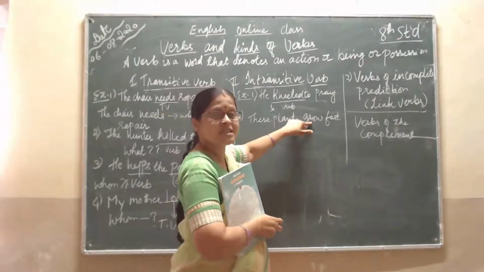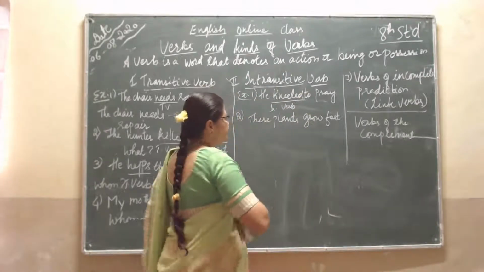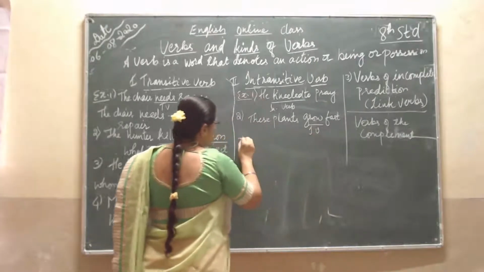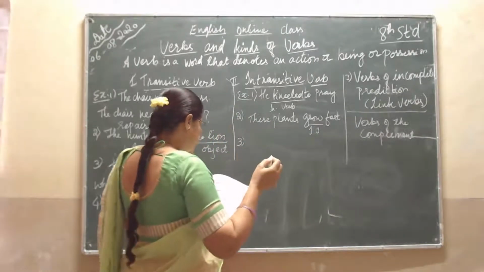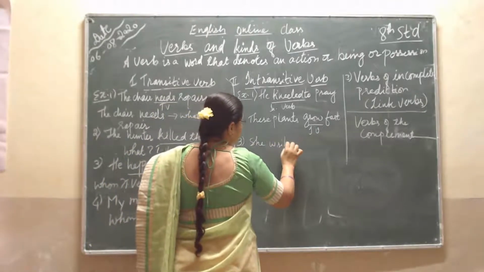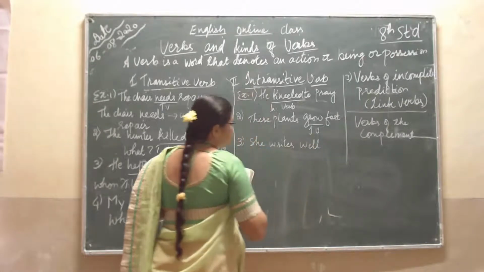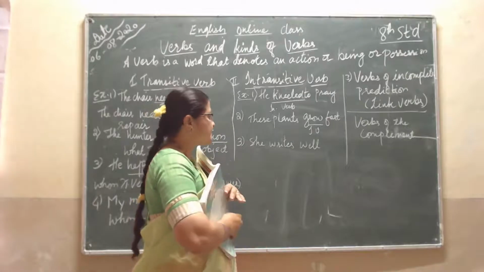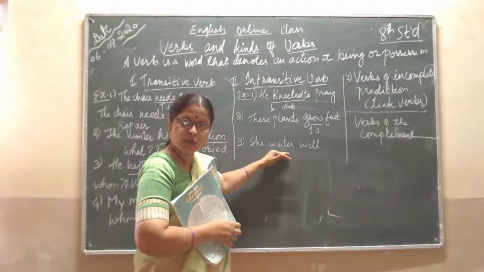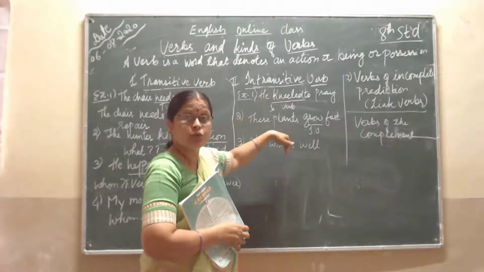So grow itself is a verb which is an intransitive verb. The next example is: she writes well. Again, you can see here we can't frame a question and there is no object in this sentence. So writes is an intransitive verb here.